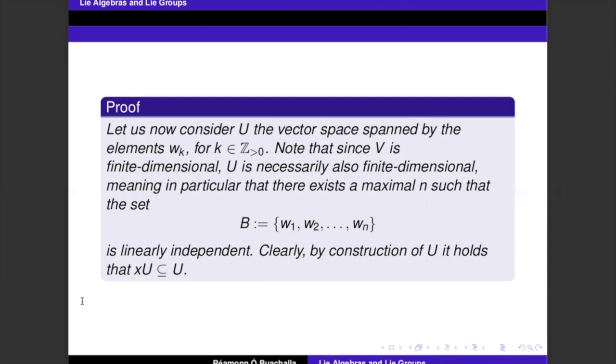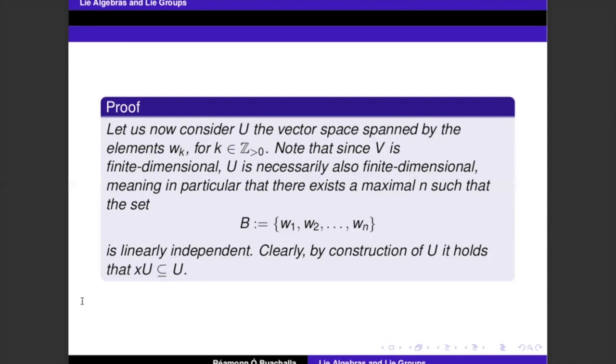There's a little bit of subtlety here that you should think about. You might ask yourself, could it happen that as we go up in the series from W1, W2, W3, we could skip one and remove it?